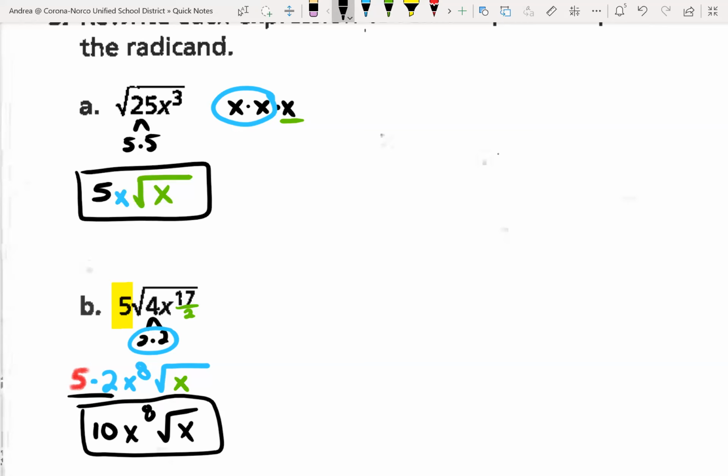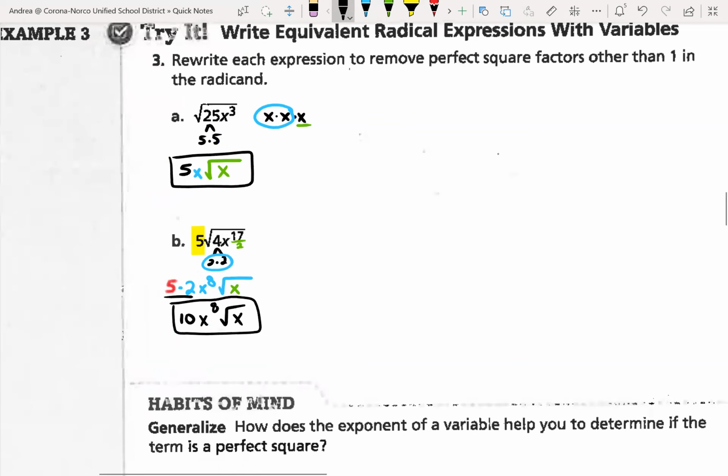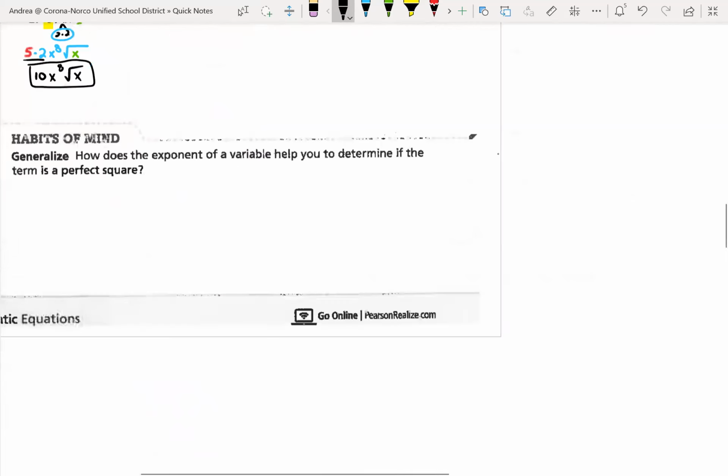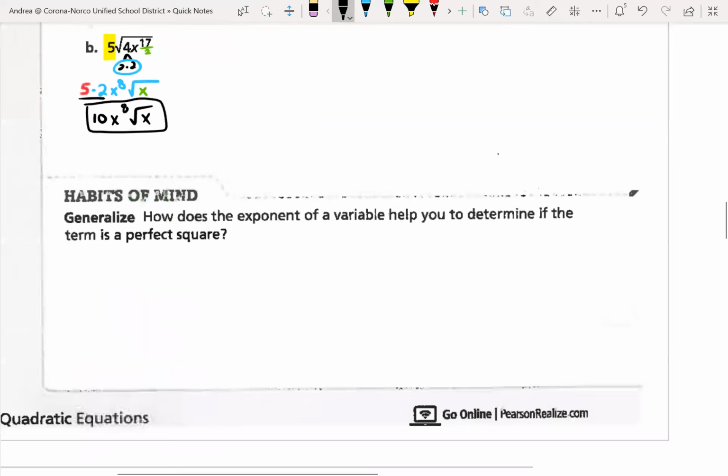Okay, let's do a few on our own. Oh, let's answer this question first. How does the exponent of a variable determine if the term is a perfect square?